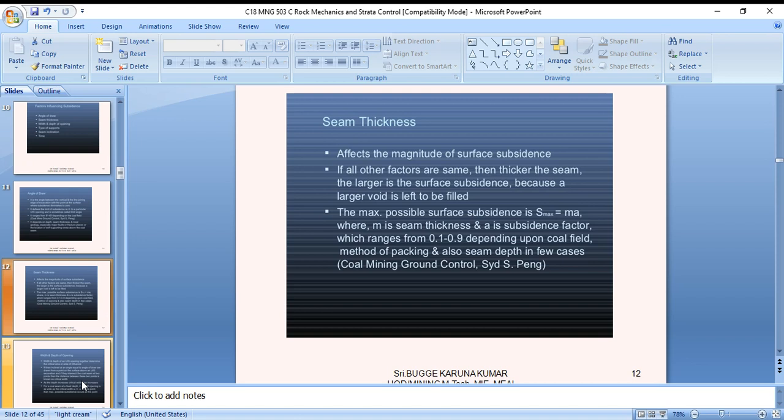The maximum possible surface subsidence is S max equals m a, where m is the seam thickness and a is the subsidence factor. That is the rock nature, the fill factor and swell factor of the particular rock, which ranges from 0.1 to 0.9 depending upon the coal field, method of packing, and also seam tip in a few cases. So seam thickness influences the subsidence.